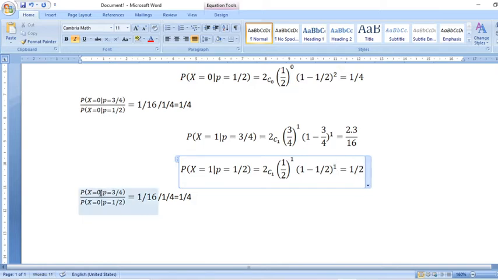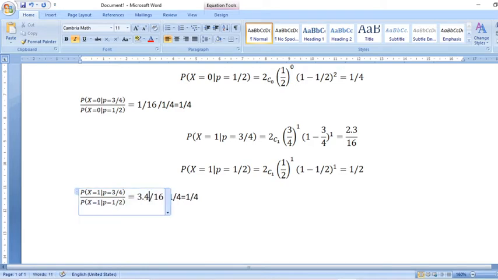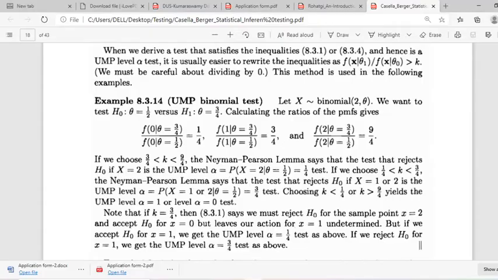So what will be the ratio value? 2 into 3 divided by 16, divided by 1 by 2. I think it is 3 by 4.